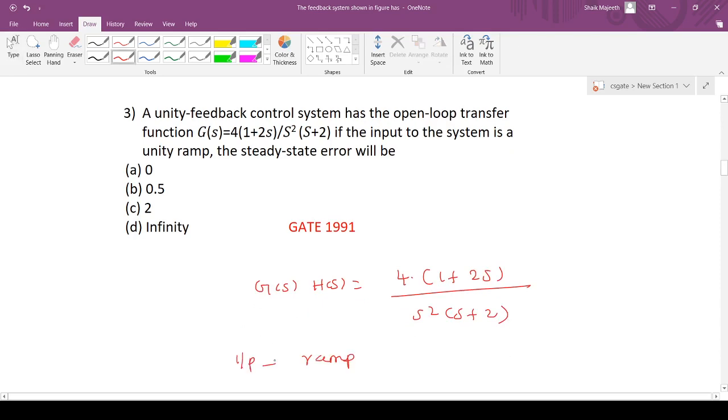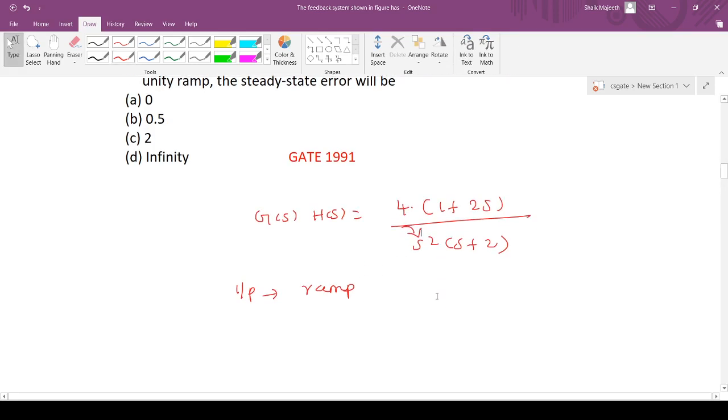For ramp input, only a type 1 system has finite error, others have no error. You see it is a type 2 system, right? For a type 2 system, ramp input steady state error is 0. So the answer is option A. Directly we can write answer A.